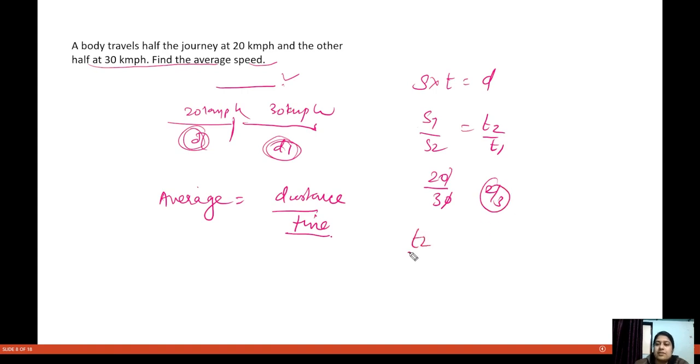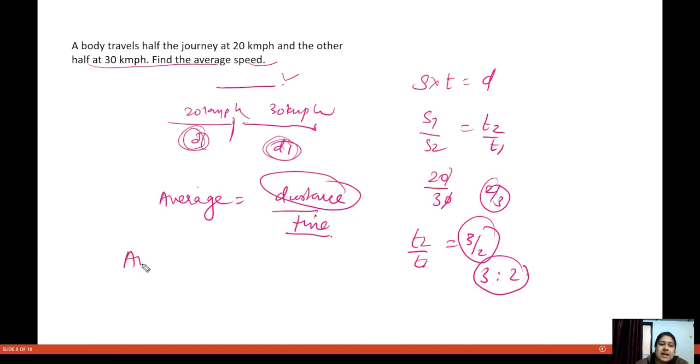So the ratio of time traveled will be 3 is to 2. Obviously average can be found by distance traveled upon time taken.